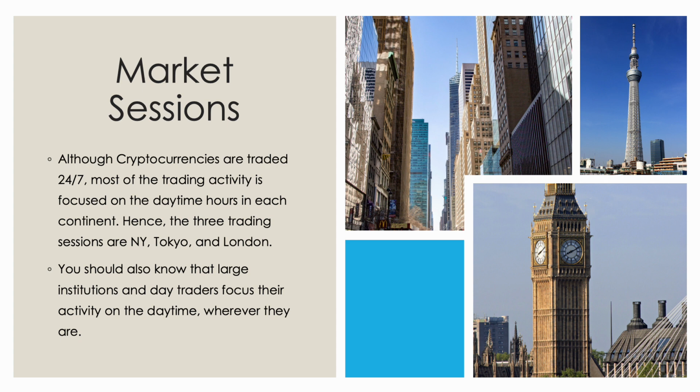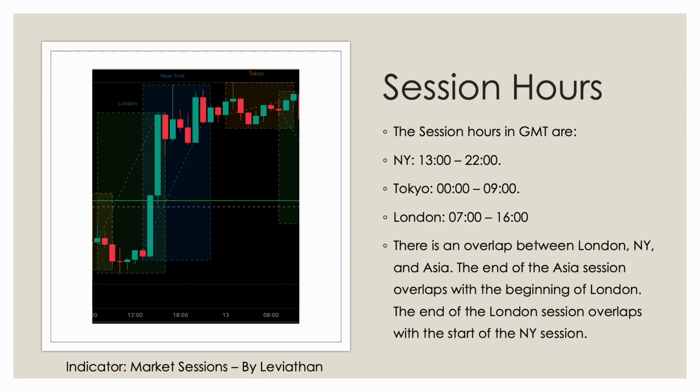You should also know that large institutions and day traders focus their activity on the daytime wherever they are. The session hours in Greenwich Mean Time are New York from 1 p.m. to 10 p.m., Tokyo from midnight to 9 a.m., and London from 7 a.m. to 4 p.m. There is an overlap between London and New York and London and Asia.